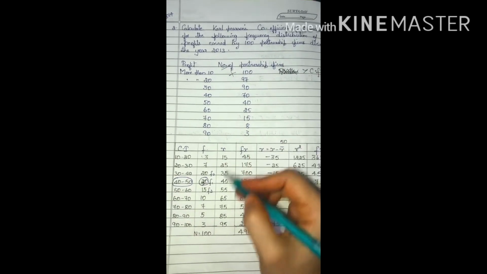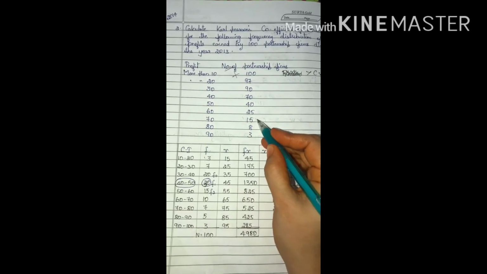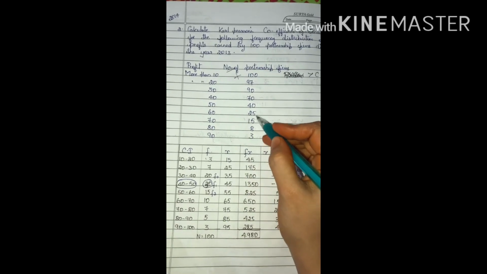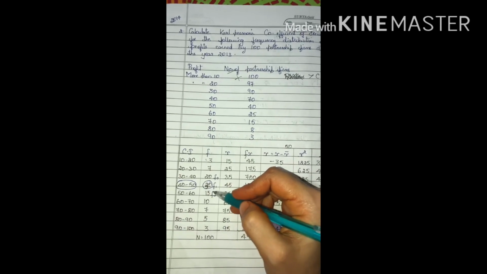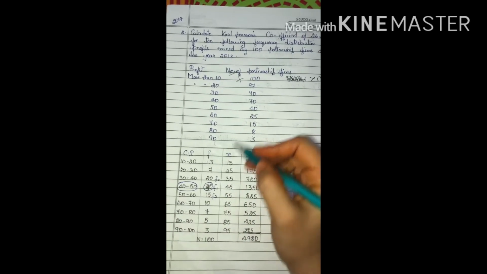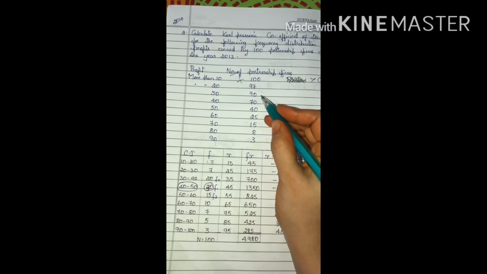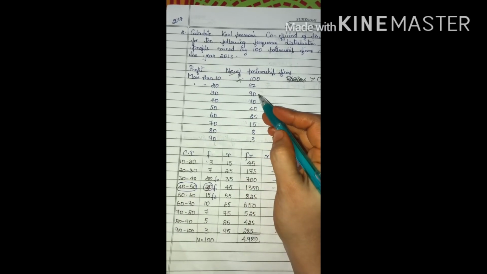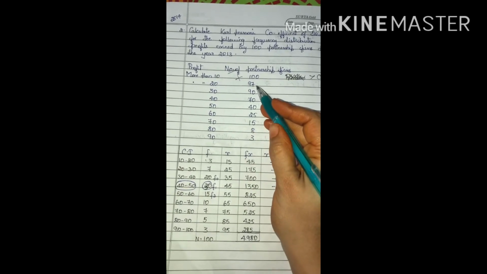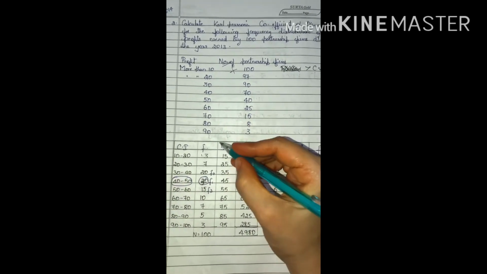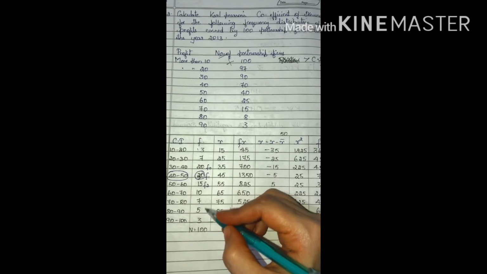Next, 3 minus 8, 5; 8 minus 15, 7; 15 minus 25, 10; 25 minus 40, 15; 40 minus 70, 30; 70 minus 90, 20; and 20 minus 97 is 7; 97 minus 100 is 3. You have calculated actual frequency.